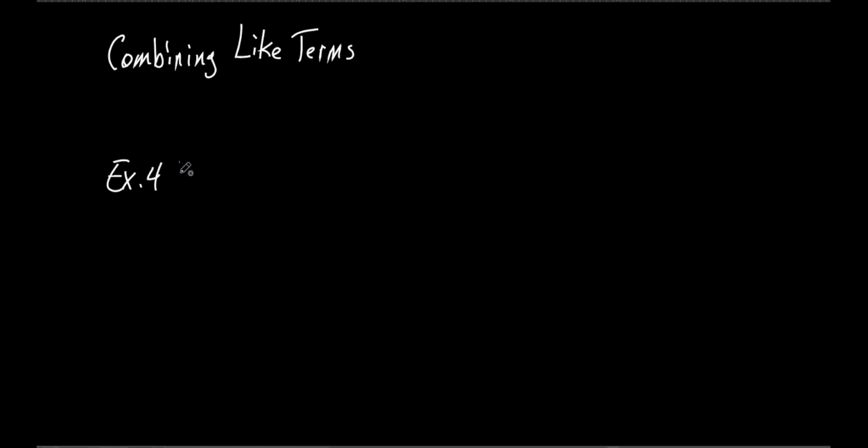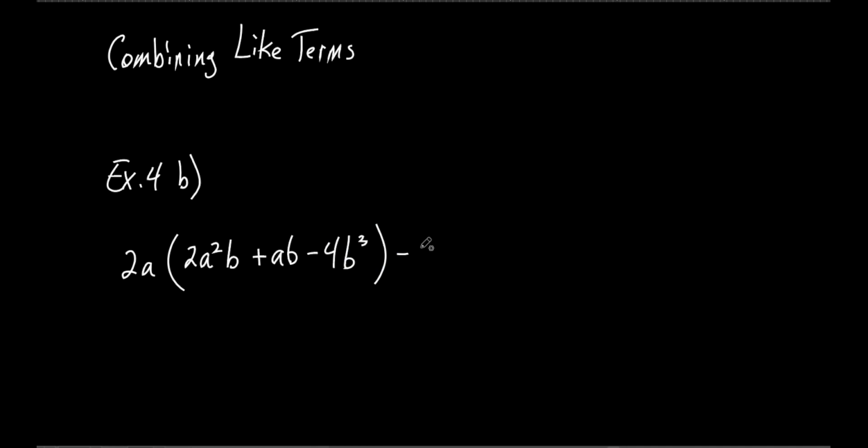I'm going to do example 4b, because that's definitely the longest one. So here we go. It's 2a times 2a squared b plus ab minus 4b cubed. We're only halfway done. Minus, this is 5a cubed b plus 3ab squared minus 4.